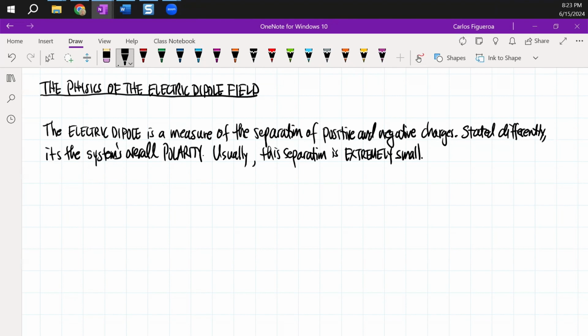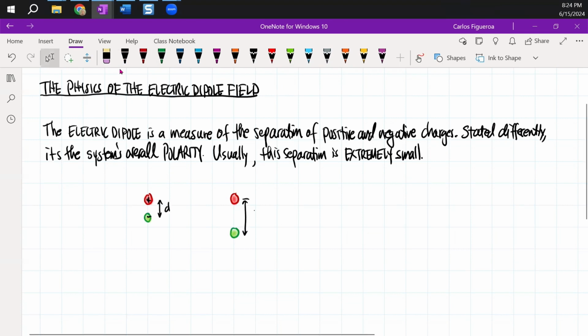So the way we start to think about the dipole value is about the separation. In other words, if I have a positive charge here, and we've caused a shift in the charge orientation, and I have a negative charge that's close by and another one that's farther, here you're seeing that the separation between these is little d, and this separation here is a larger d.